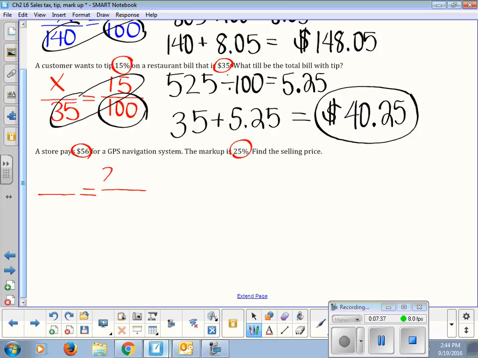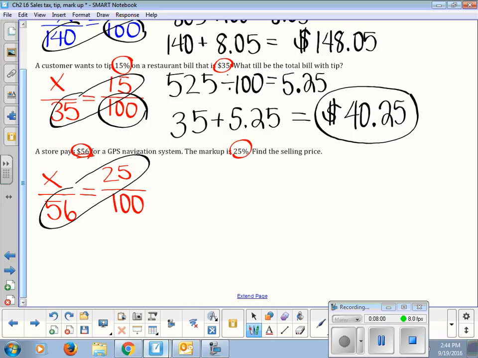How do we write that as a fraction? 25 over 100. Our original price, or the price that the store paid for it, is how much? 56, and we want to find out how much they're marking it up, and that's going to be our value for x. We can go ahead and cross multiply the two numbers we know how to multiply.